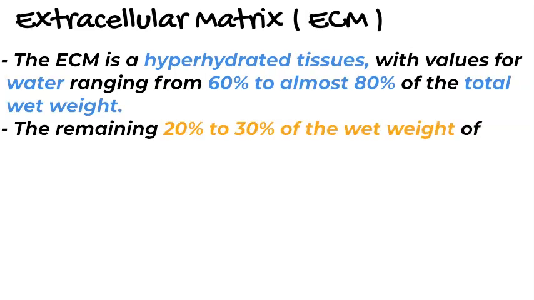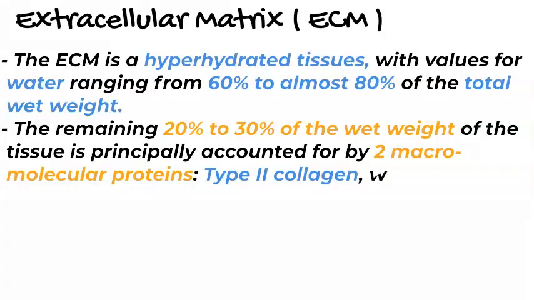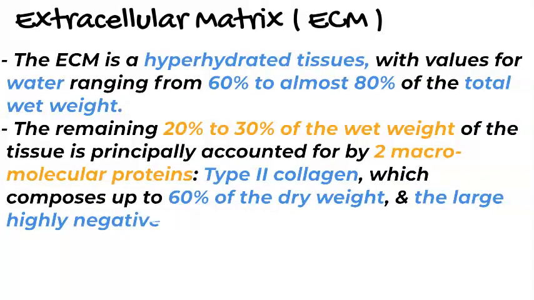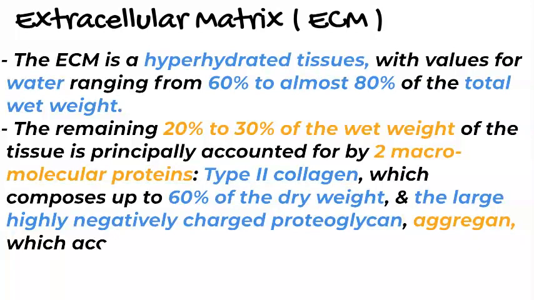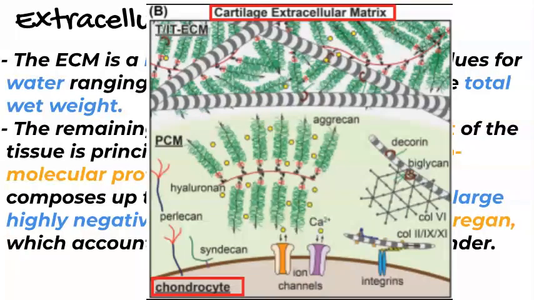The remaining 20% to 30% of the wet weight of the tissue is principally accounted for by two macromolecular proteins, type 2 collagen, which composes up to 60% of the dry weight, and the large highly negatively charged proteoglycan, aggrecan, which accounts for a large part of the remainder. This picture illustrates the cartilage extracellular matrix.